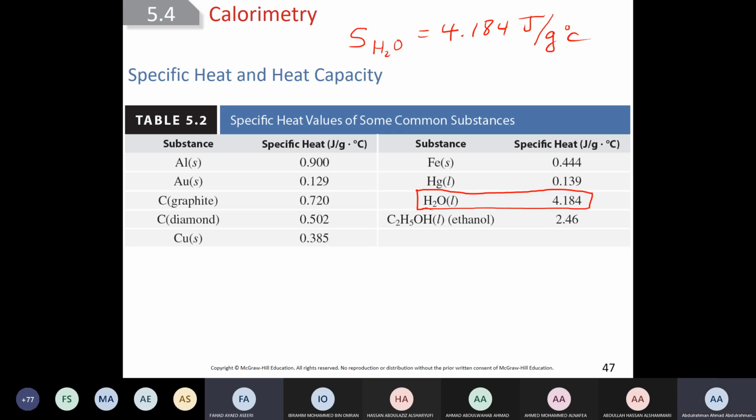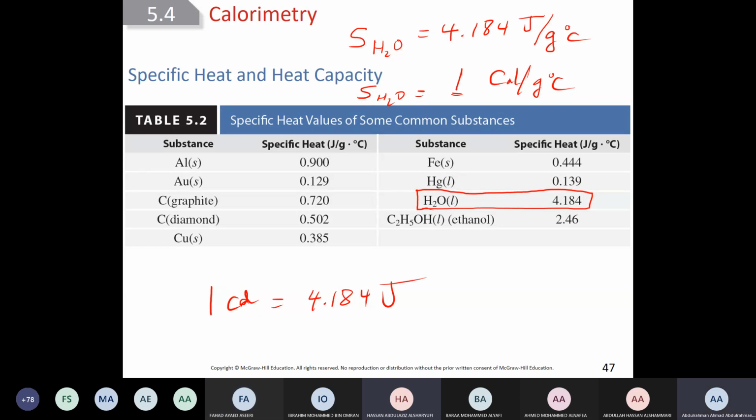Also, the specific heat of water, H2O, is equal to 1 calorie per gram degree C. That's why I want you to know that 1 calorie is equal to 4.184 joule.